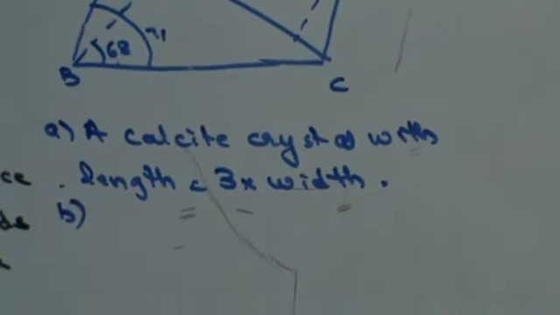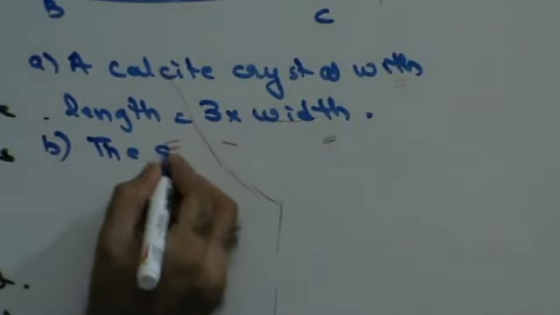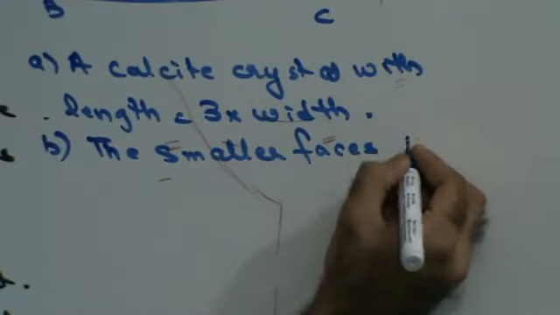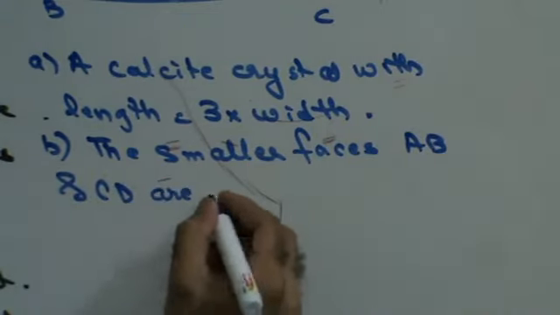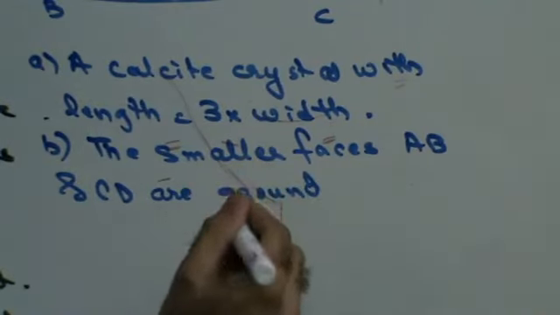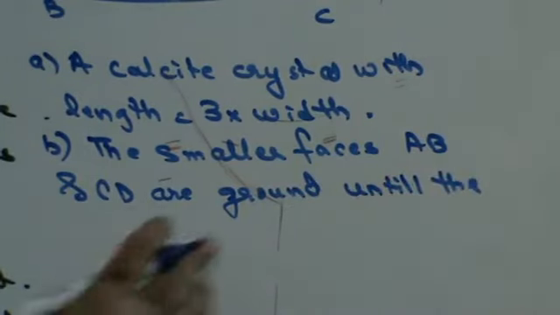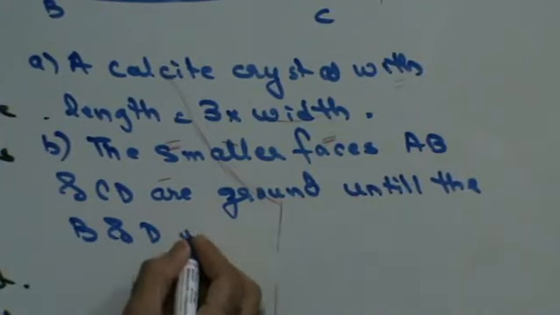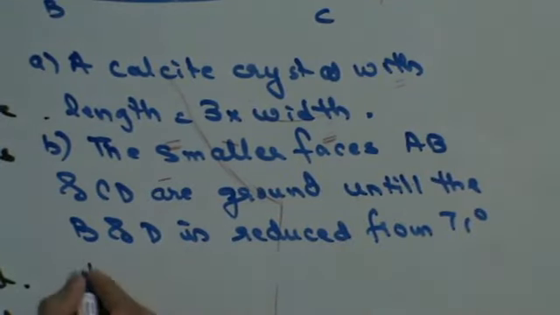Now, the smaller faces A, B and C, D of the principal section are ground until the angle at B and D is reduced from 71 degrees to 68 degrees.